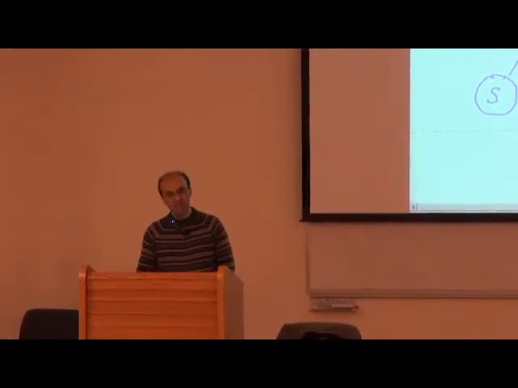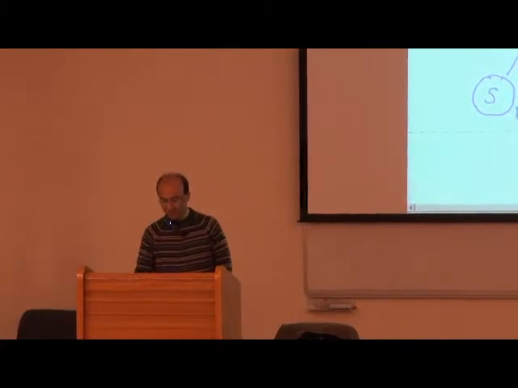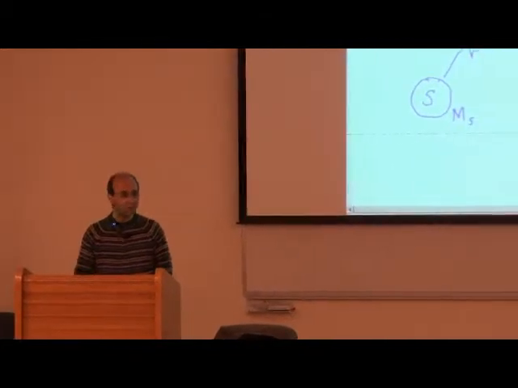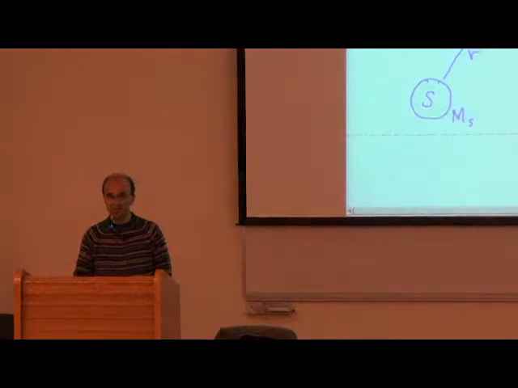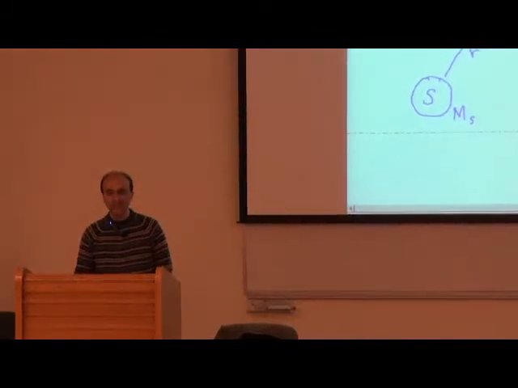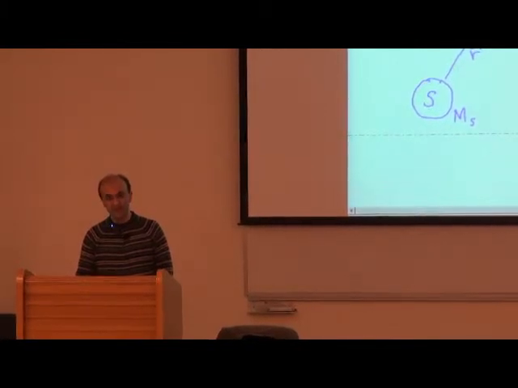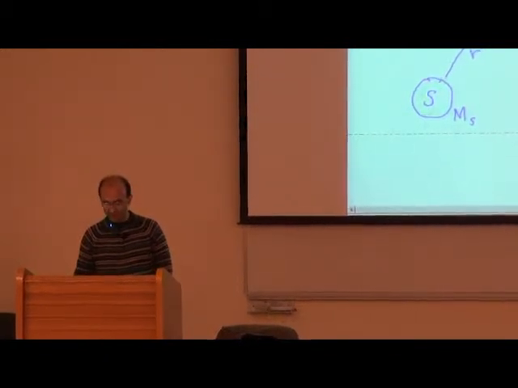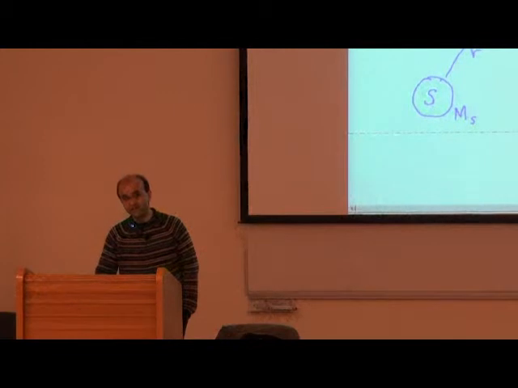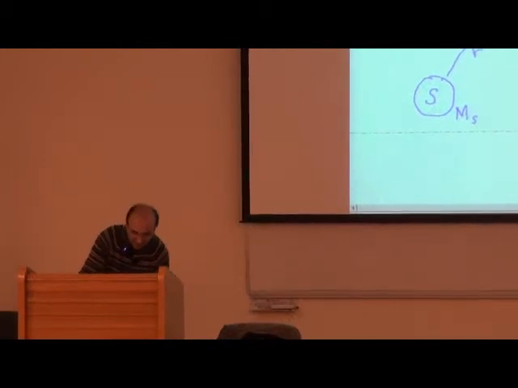You can solve this equation for, say, the speed of the Earth around the Sun, which is independent of its mass. It depends on the mass of the Sun, and it depends on the distance between the Sun and Earth. But it doesn't depend on the mass of Earth itself.